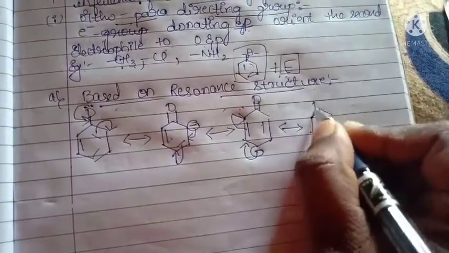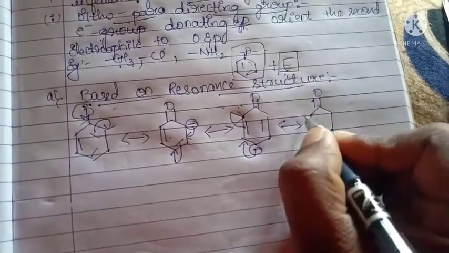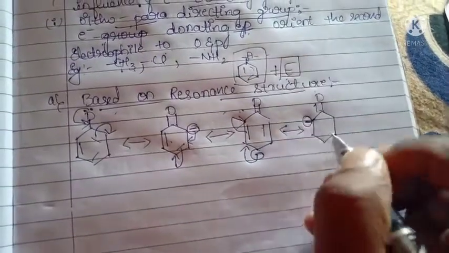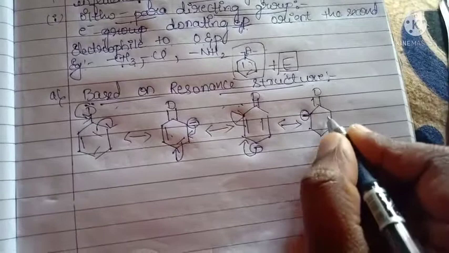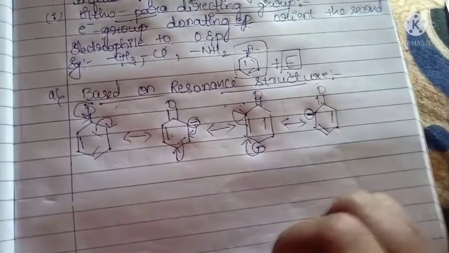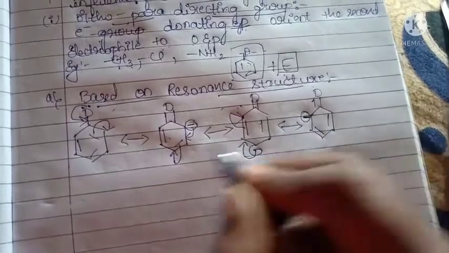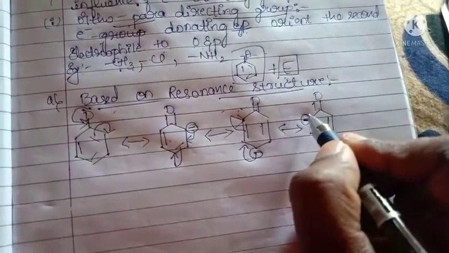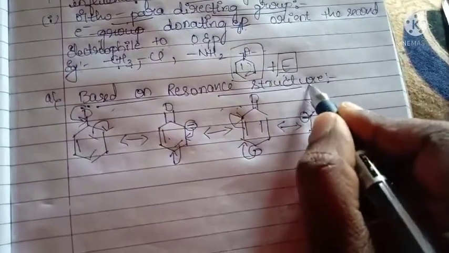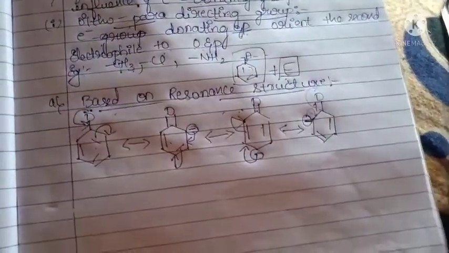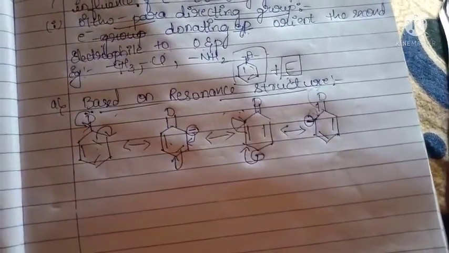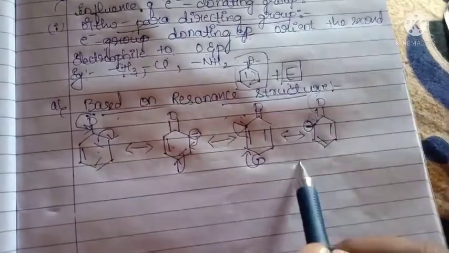Here it has double bond D, this has the negative charge here. Okay, next again last one we have to write also. Again we get like this, this goes here, again we get the starting reactant. Okay, this is the resonating structure.